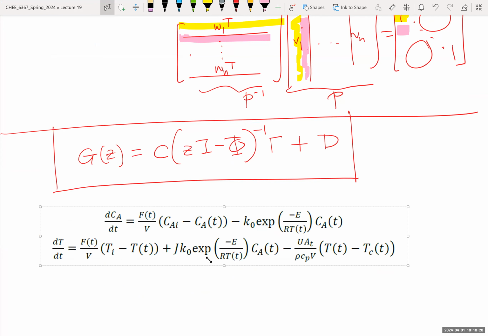Okay, so these are my equations. So let's do it together. So we have here the states. Well, actually, yes. So we have this vector CA and T. What did we say we call this vector? Yeah, the state of the system.